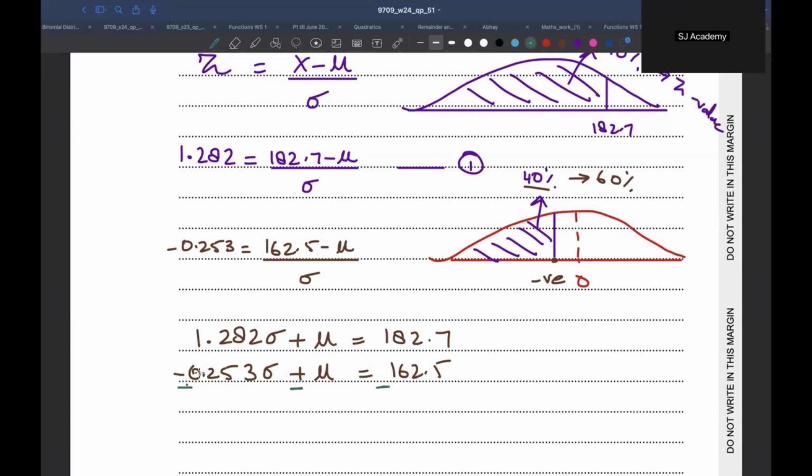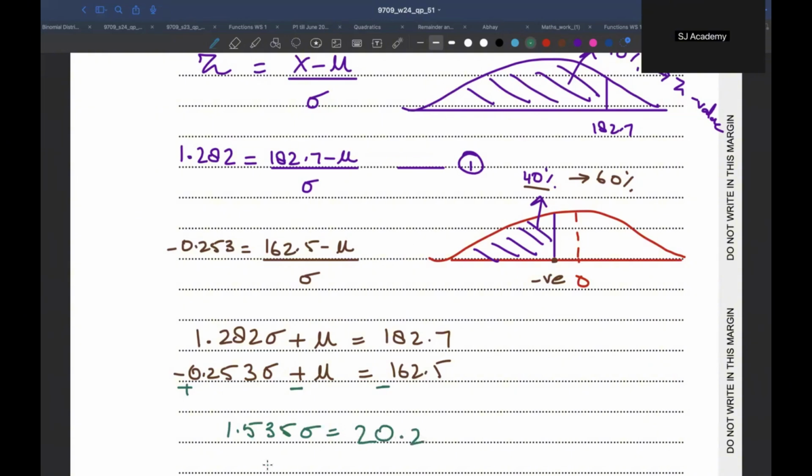You can simply substitute this in your calculators as well, or you can just simply change the signs. This will become 1.282 plus 0.253, that is 1.535. And this will be 182.7 minus 162.5, that is 20.2.